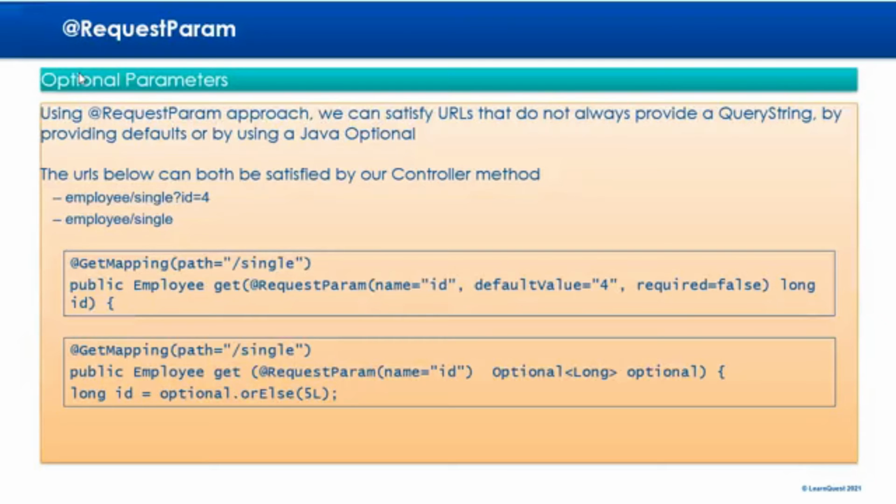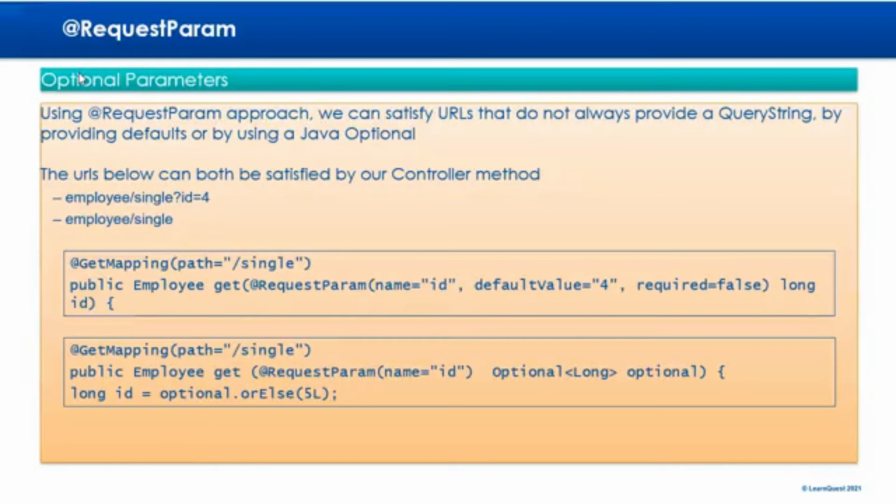The more modern, if that's the right word, approach is actually in the code snippet below, where we create a Java optional. And then with the optional, you would do a get, which would fall over if it wasn't there. More likely you would do an orElse, and you could provide a default value there.